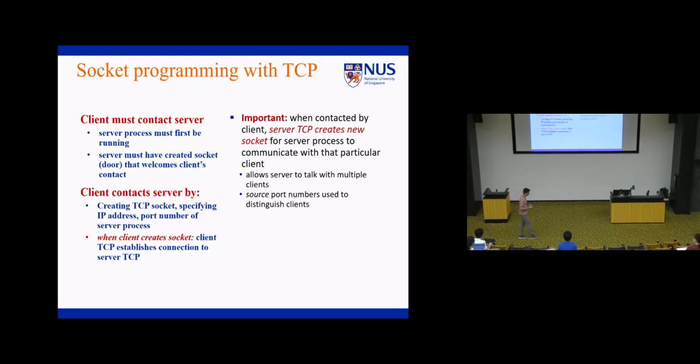So this is like TCP. In TCP, we have one welcoming socket. That socket welcomes you and establishes a connection. And it assigns another socket to you, the connection socket. Through that socket, you're already connected, and you can send as many messages as you want.